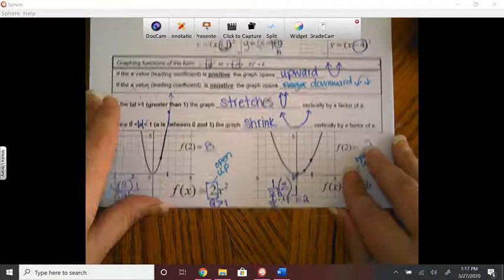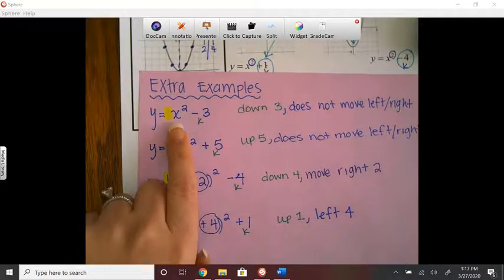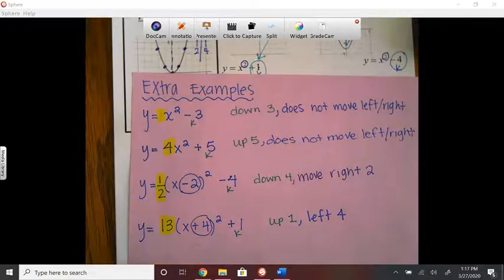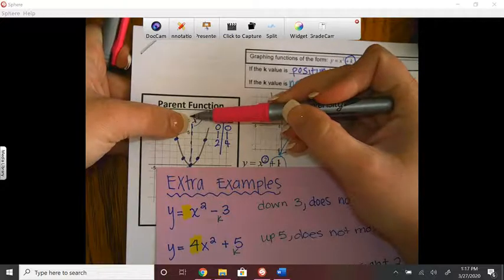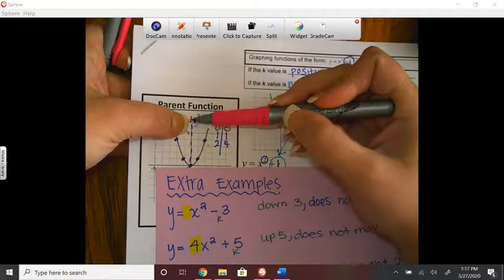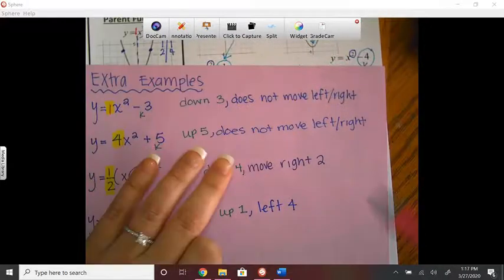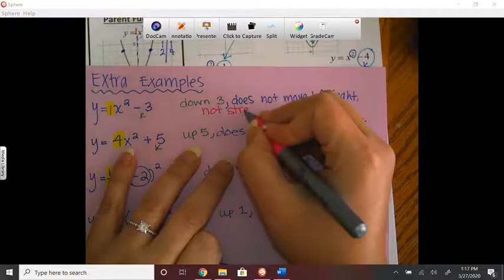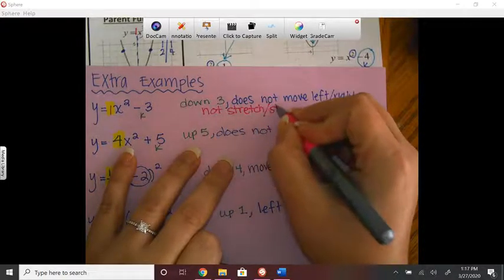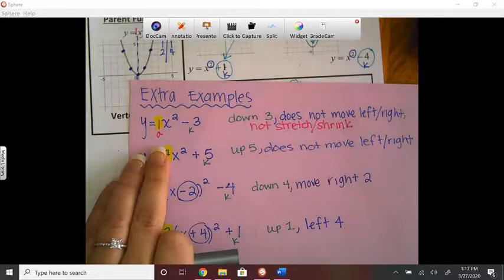Okay, so let's go ahead and take a look at our examples here. This one is a 1, which matches this. The parent function doesn't have a number in front, it's a 1. Since this one also has a 1, it's not going to stretch or shrink, because the a value here is just 1.